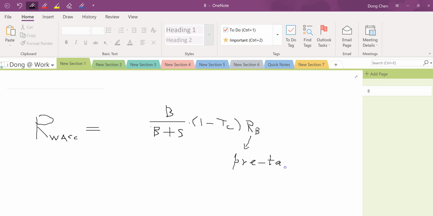When we multiply by 1 minus the tax rate, the whole thing becomes the after-tax cost of debt. And then we add the market value based equity ratio, S over B plus S, times RS. So that's simply the formula for WACC, weighted average cost of capital.